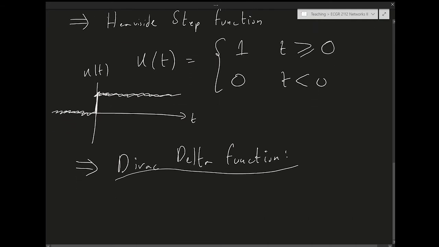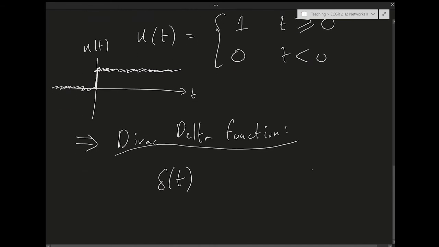And the Dirac delta function is a weird function. It's hard to describe, but we can study its properties. It's not a function per se, more like a limit, the limit of a group of functions, right? So let me introduce it this way.